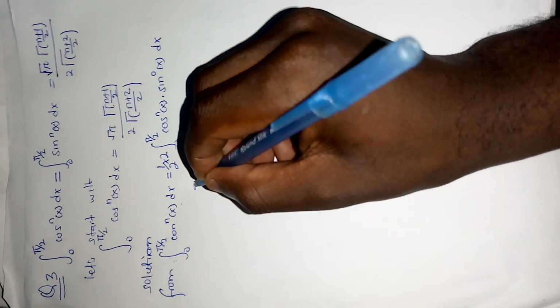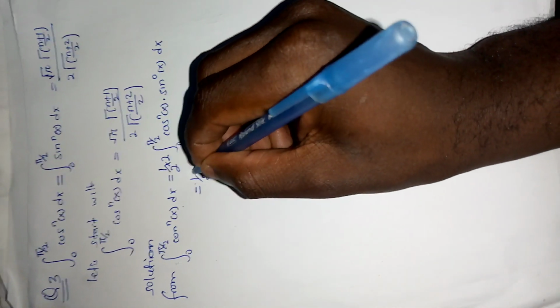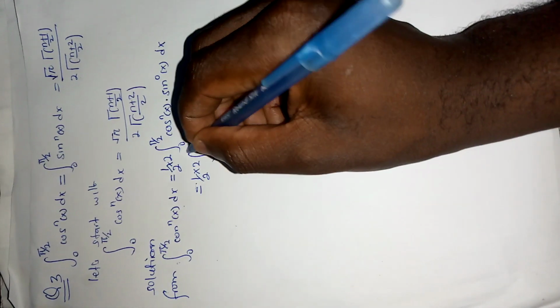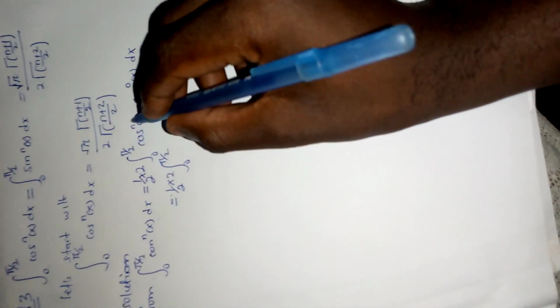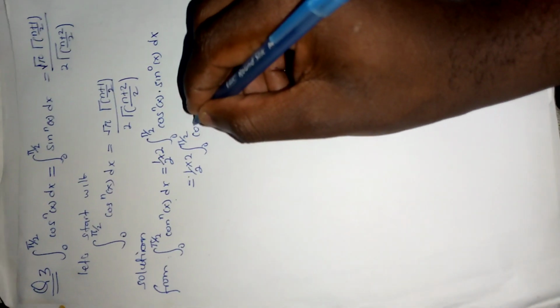Then we can continue with half times 2 from 0 to pi by 2. We can now change this because we want it to look like 2 times something minus 1. That's how the function is always designed, so that we can get which beta it is. So we are going to have cos.